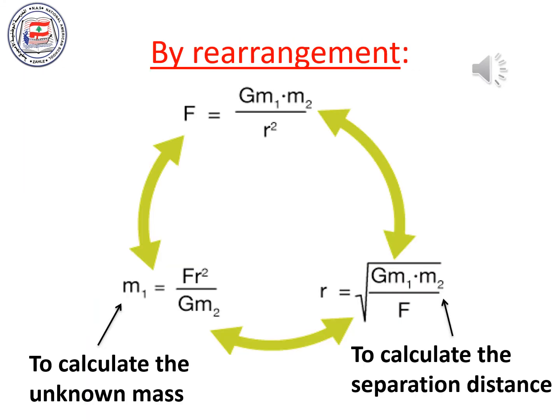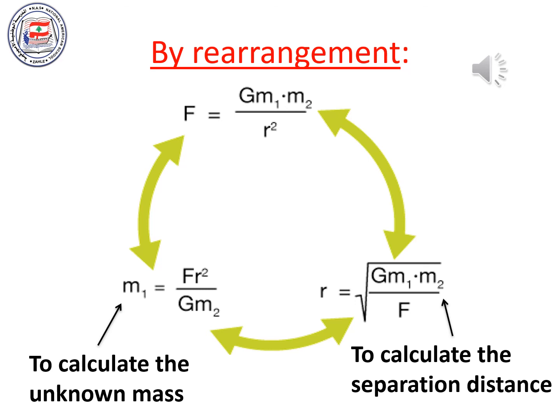Now back to Newton's law of gravitational force, which we already stated in this section above. F is equal to G times m1 times m2 over r squared. This is the equation we use to calculate the gravitational force between two masses. We can rearrange this equation to know the unknown mass if we have an unknown mass and we know the gravitational force between it and another mass, and to know the distance between two masses if we know the gravitational force between them.